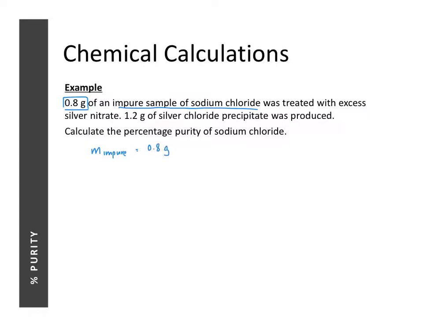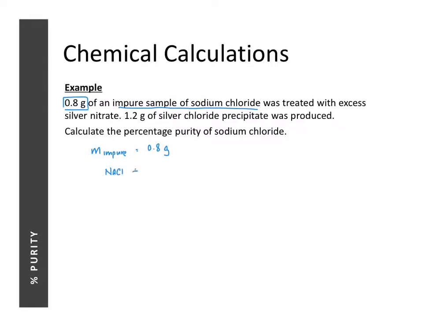What we need to find next is, out of this 0.8 grams, how many grams of it is actually sodium chloride? So how do we find it? The question goes on to tell you that sodium chloride had been subjected to some reaction with silver nitrate. So the reaction goes like that.